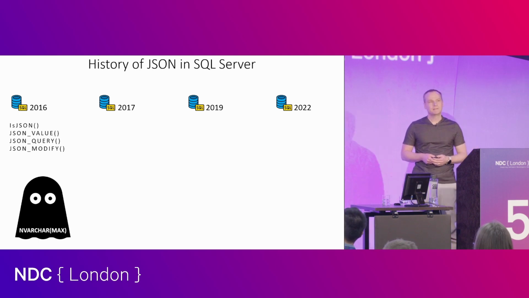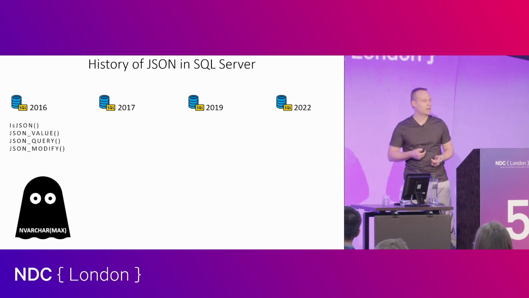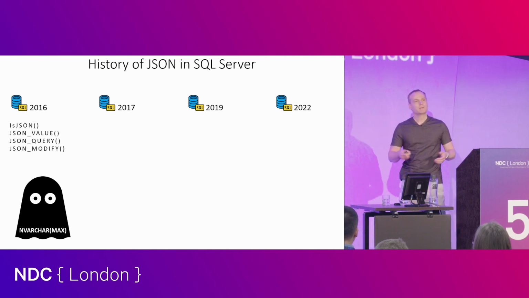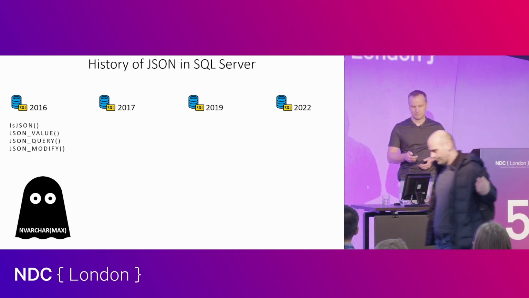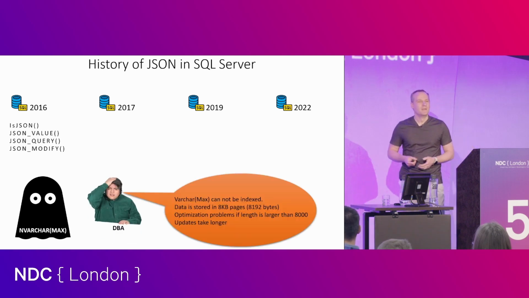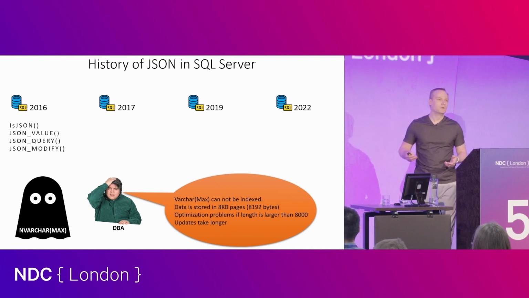In 2016, when they introduced it, they had 4 functions: ISJSON, JSON_VALUE, JSON_QUERY, and JSON_MODIFY, which I will cover in a little bit. But when this first came up, as you might guess, our DBAs had some concerns, and their concerns were valid. First of all, varchar max or nvarchar max cannot be indexed.